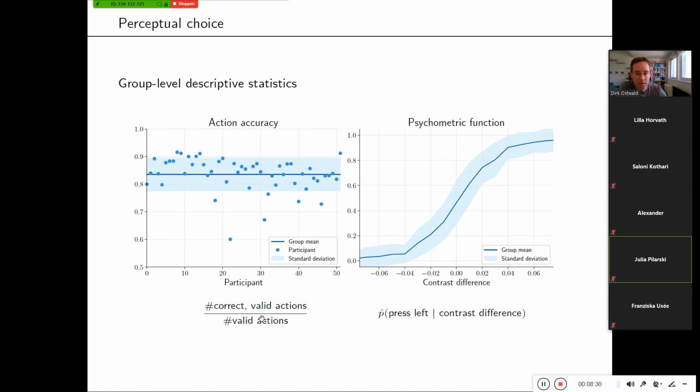Valid meaning that sometimes the participants didn't respond in the time window where they're supposed to respond. So some of the 300 trials actually don't have a recorded action.